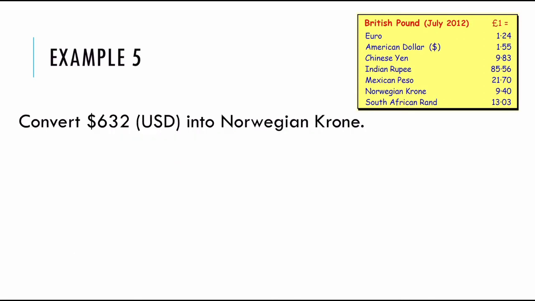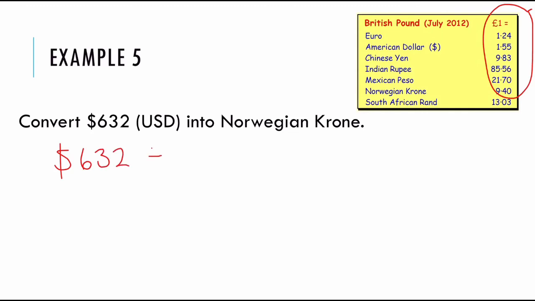Example 5, convert $632 into Norwegian krone. So our table shows every exchange rate based on the British pound. So the only thing we can do here is change back our dollars into pounds first, then change from pounds out to Norwegian krone. So let's start by changing this back into pounds.